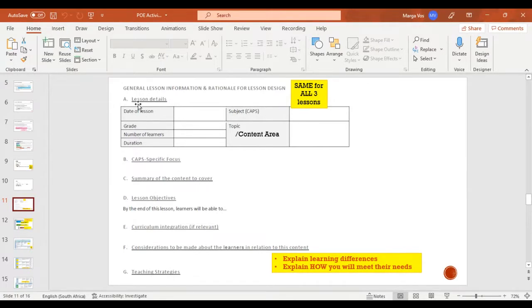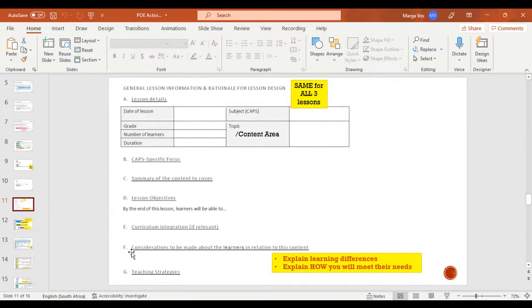So the first sections, section A, B, C, D, E, F, and G, will be the same for all 3. So you are only going to do this once. All right. So you're not going to complete a separate lesson plan for each lesson. This is only going to be done once.